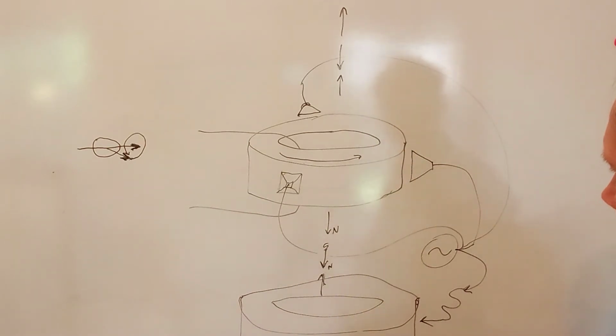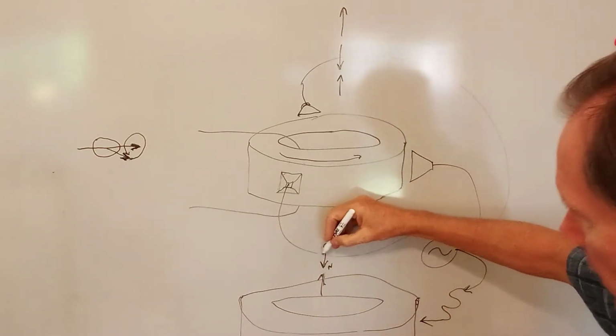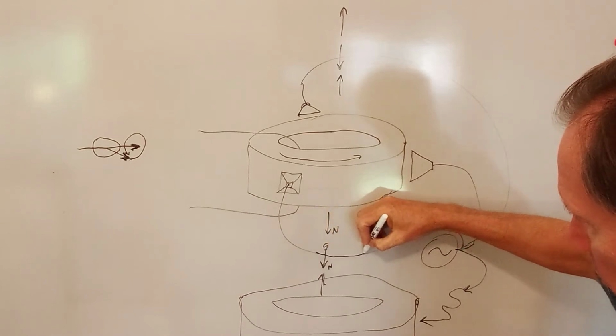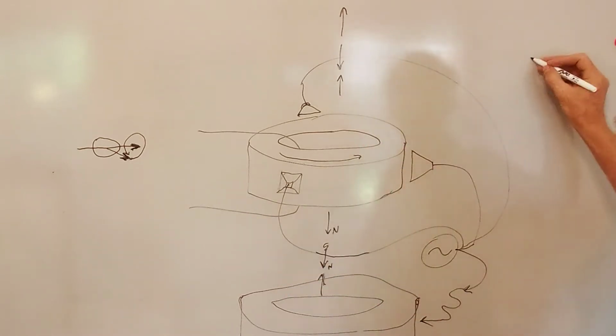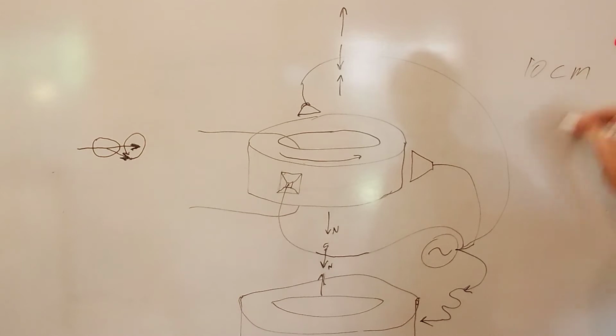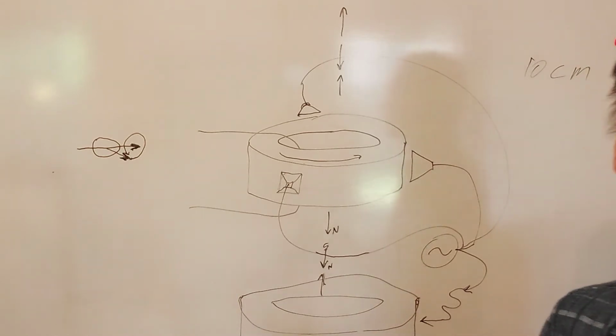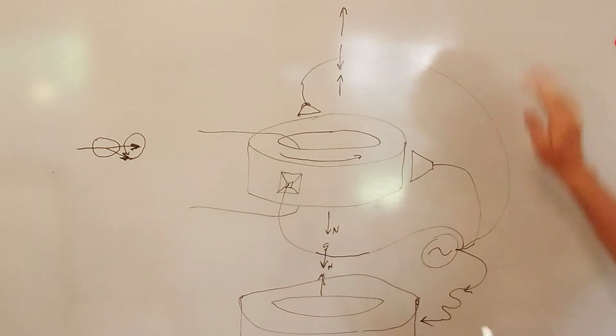For example, if you have a microwave frequency with a wavelength of, say, 10 centimeters, and then you, did that show up on the board? Yeah, that's showing up.